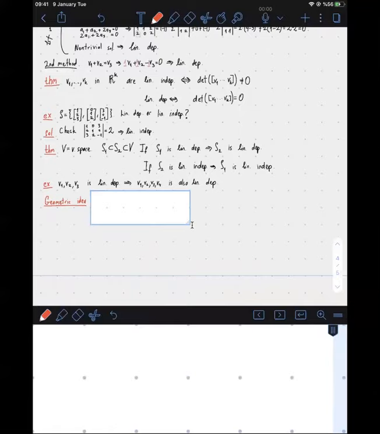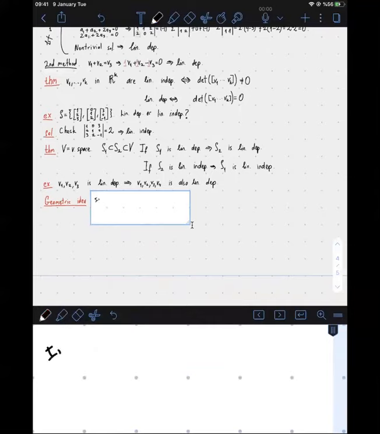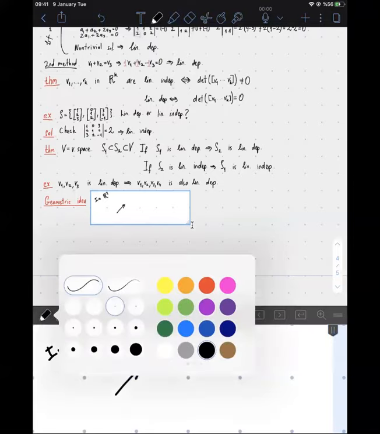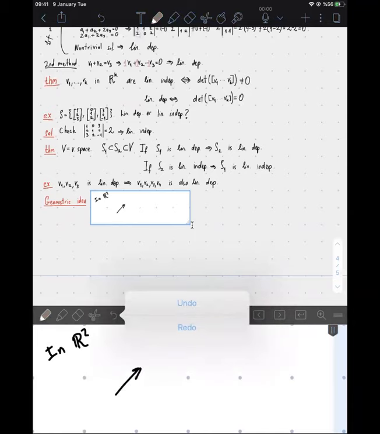Okay, so in two-dimensional space, when are 2 vectors linearly dependent and when are they linearly independent? So 2 vectors, if they lie on the same line, like this, or let's do it the other way.